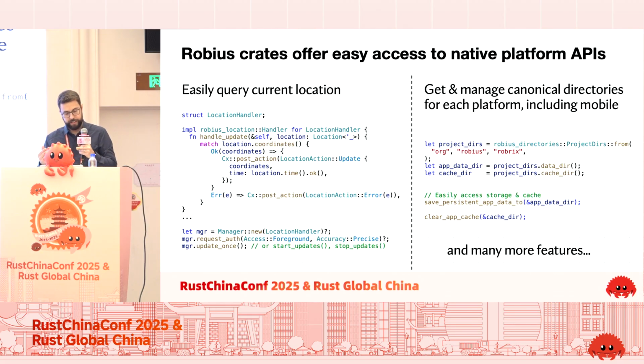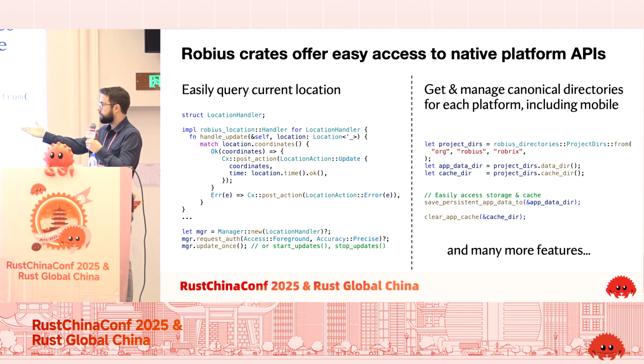And then if we want to integrate the various feature abstractions that Robius offers, for example, querying current location or accessing the canonical directory for storage or cache on each platform, we can do that very easily, just like adding any other dependency on a Rust crate. So I've published some of these crates here under the Robius project moniker.